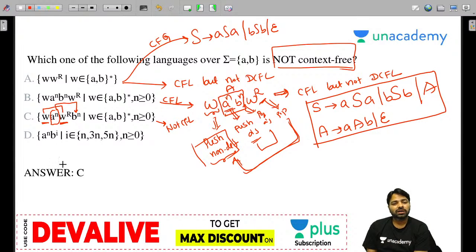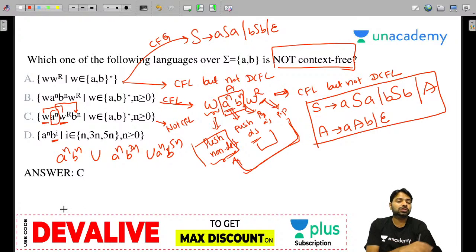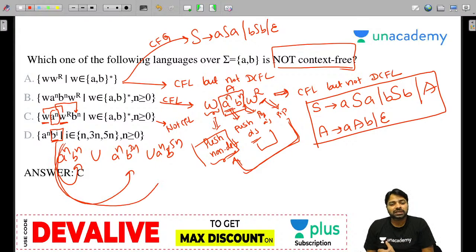And next one, this has a choice like a^n b^n union a^n b^3n union a^n b^5n. So now a's we can push, and for b's you can take the choices, for the three choices. For b's you can check this, you can check this, you can check this. So this is a CFL again. CFL, guys.